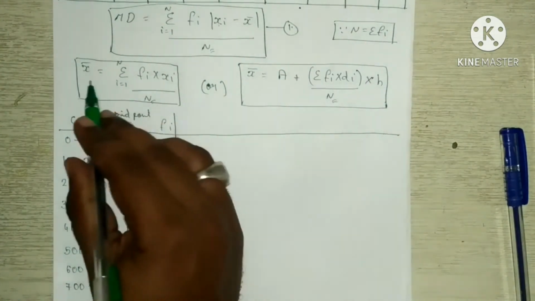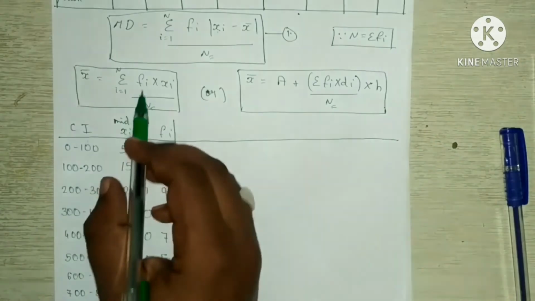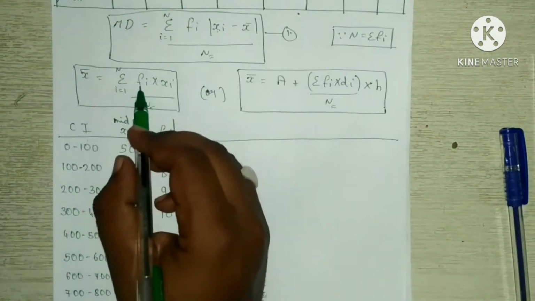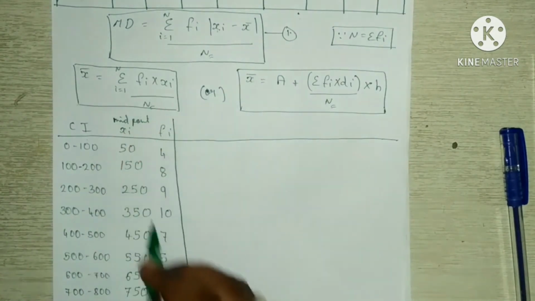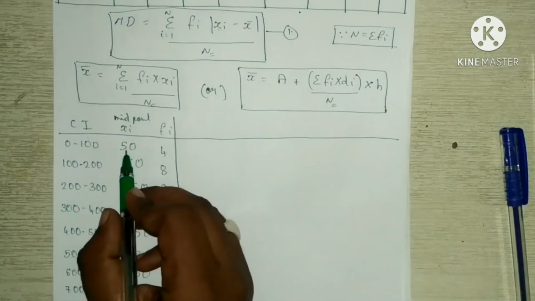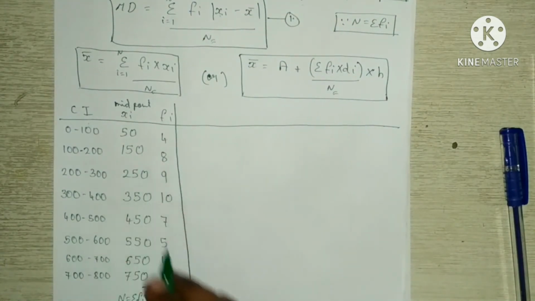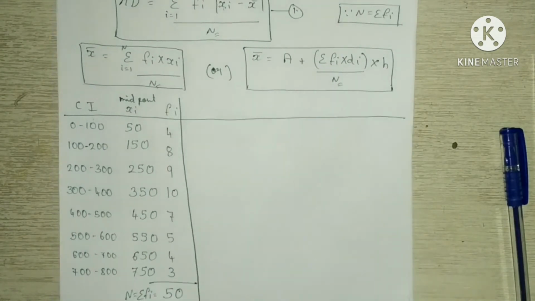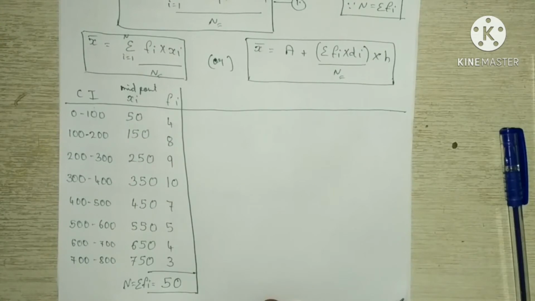By applying x bar is equal to summation i is equal to 1 to n, fi into xi by n, multiplying fi and xi, f into x, you'll get larger values. 4 into 50 is nothing but 200, 8 into 150 will be somewhat more, so it will be difficult to solve the problem.